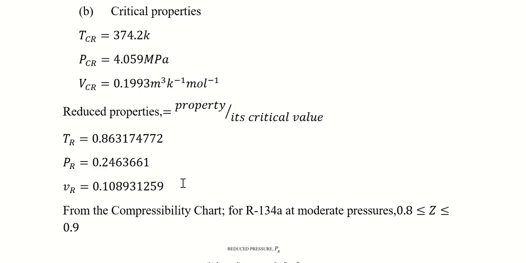For the critical volume, you go through the same process. You divide the actual specific volume, which is 0.02171, by the critical point property, which is 0.1993, and you get 0.08931259.